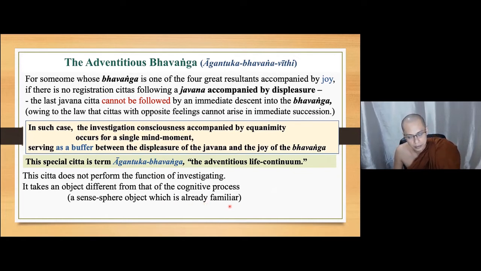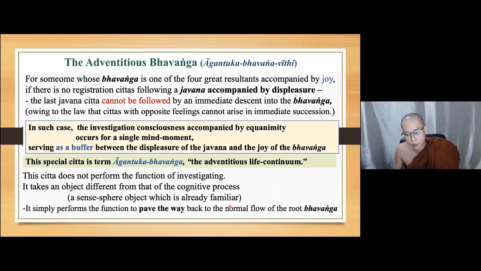And after that, the normal root bhavanga comes. This is called the somanasa bhavanga, which will usually arise. So this adventitious bhavanga performs the function of paving the way back to the normal flow of the root bhavanga. As you know, if there is no cognitive process taking a specific object, the bhavanga usually arises.